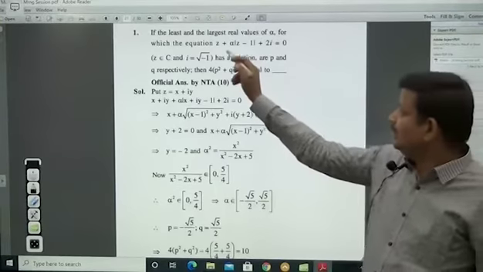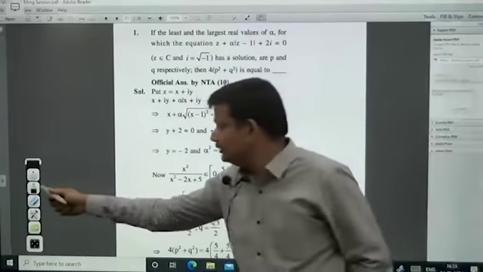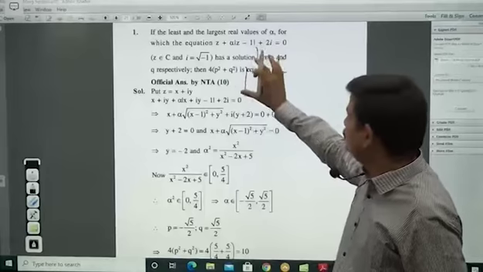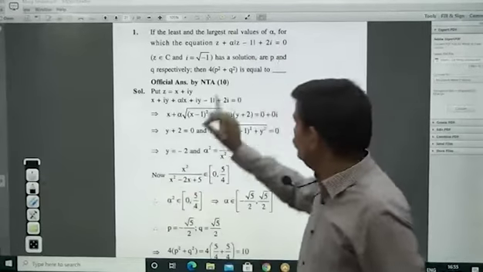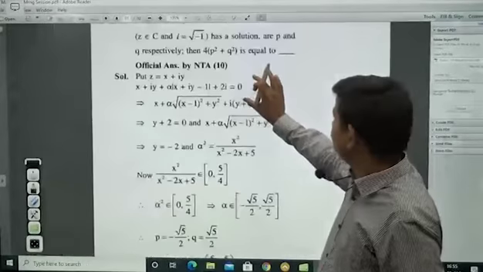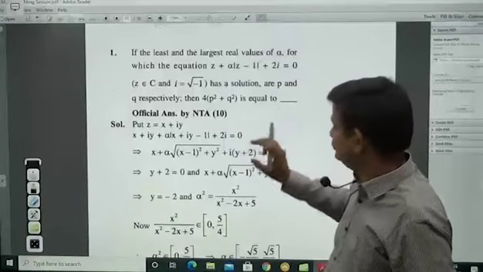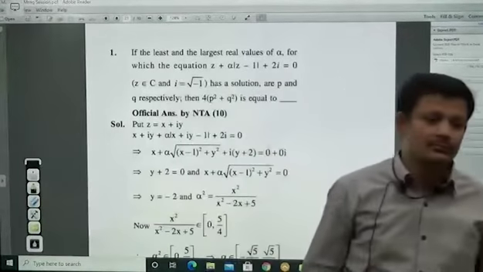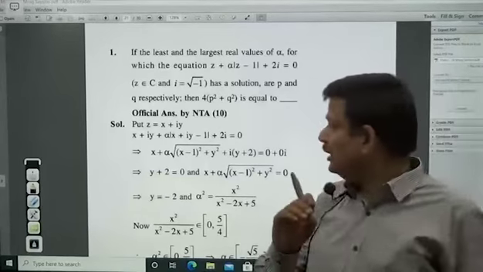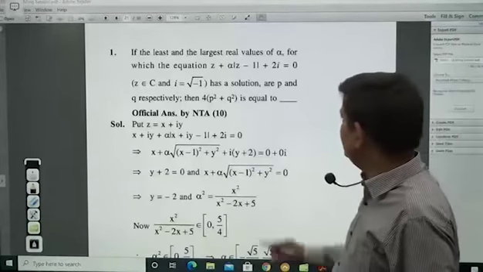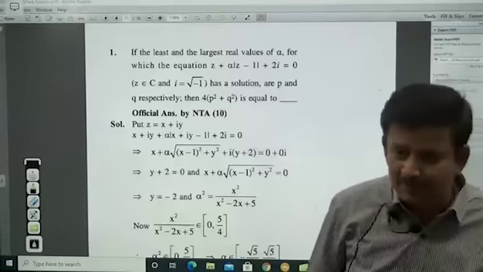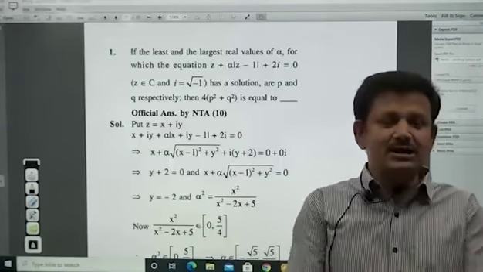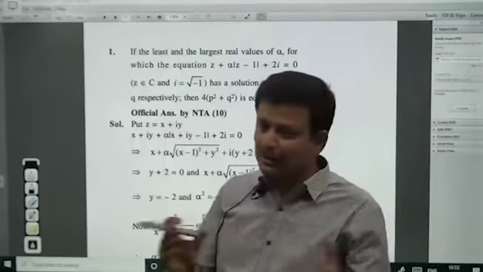See, this equation should have a solution. So, alpha, is it a real number or any other number? Real values of alpha. Alpha is a real number. Mod z minus 1, is it a real number or any number? Real number.